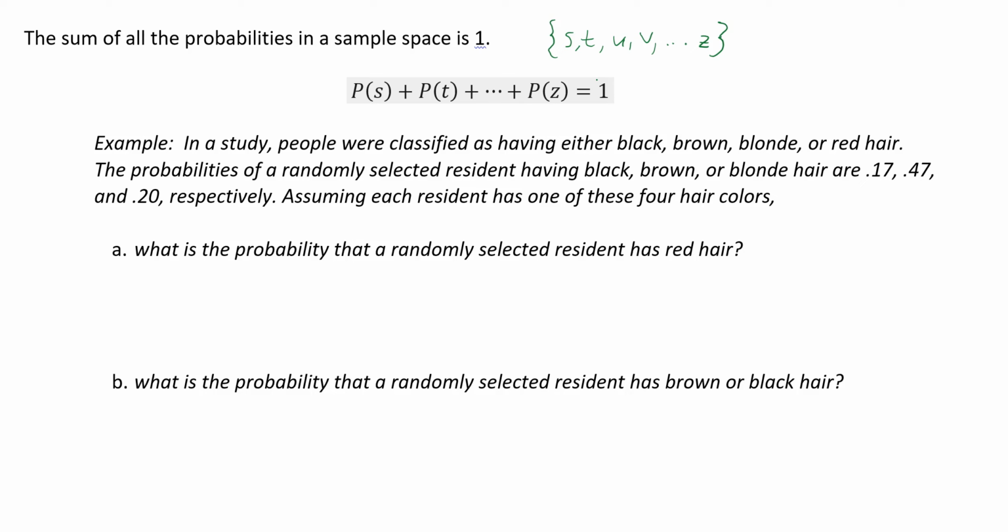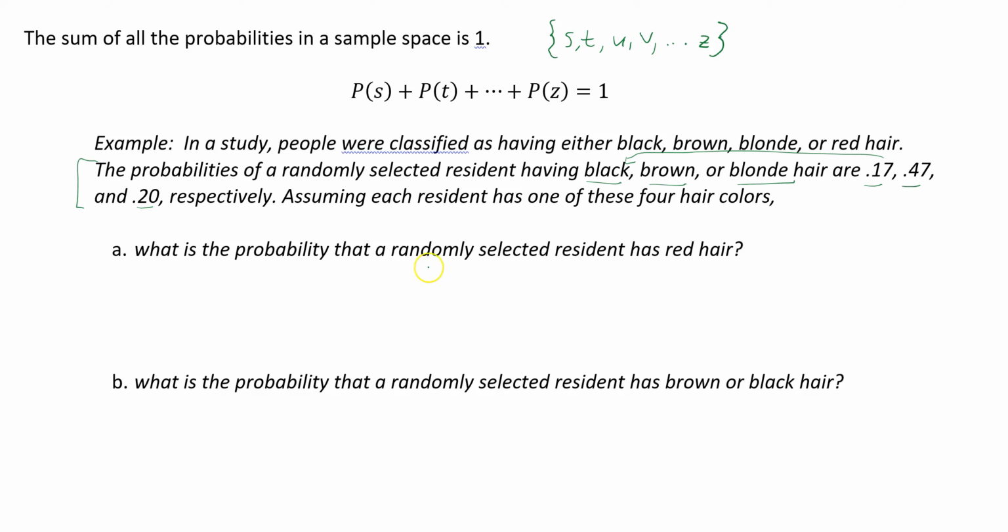Let's go back up to some language that many people do not understand. In the second sentence, it had said in a list, black, brown, blonde, and then these probabilities with the word respectively. What that means is this 0.17 connects with the probability of having black hair. The 0.47 is the probability of having brown hair, and the 0.20 is the probability of having blonde hair. The order of how the words are provided tells you the order of how to attach the numbers to those words.